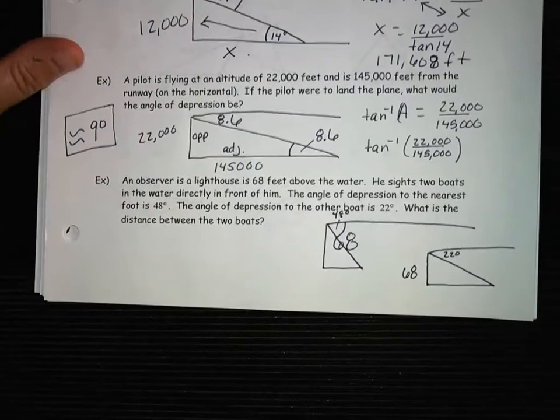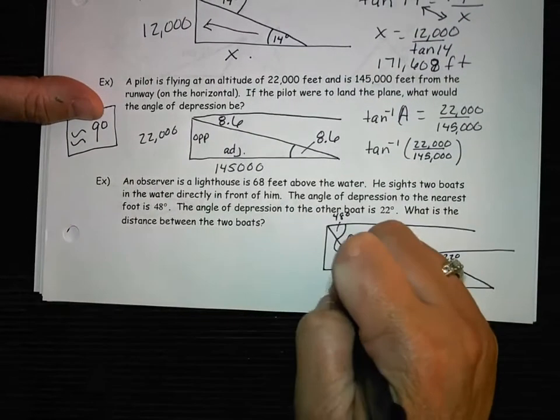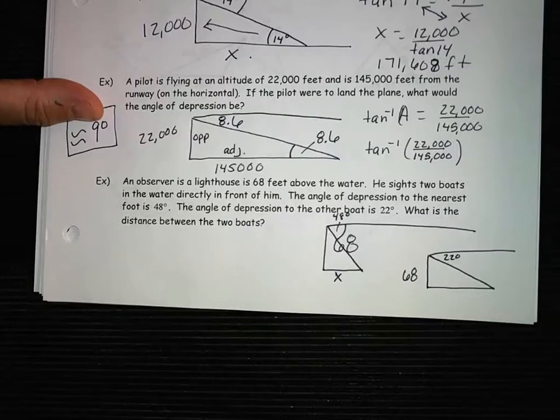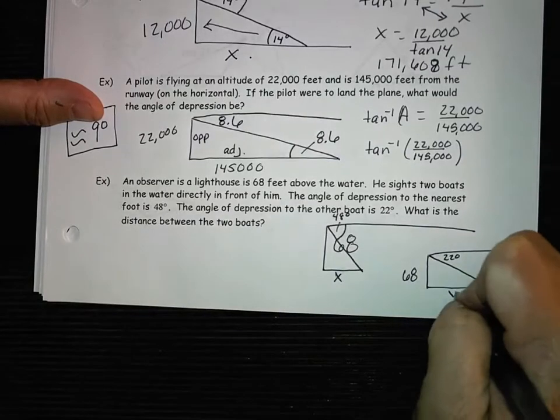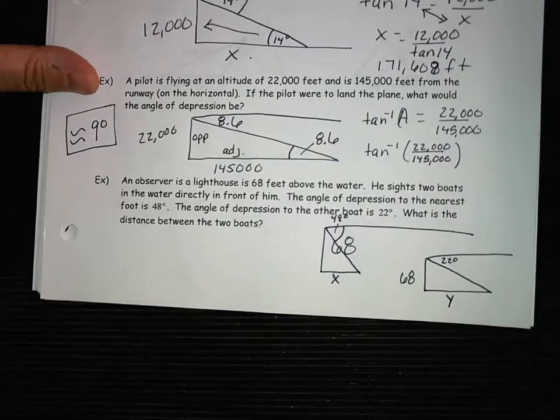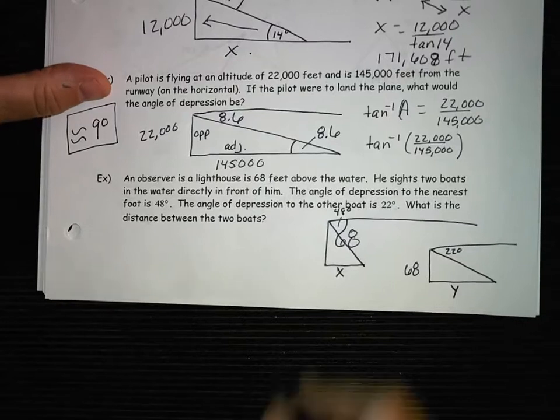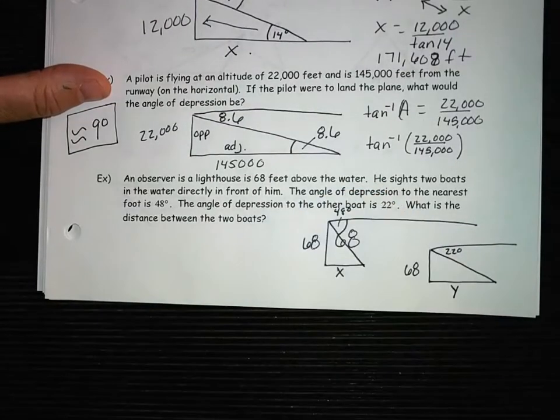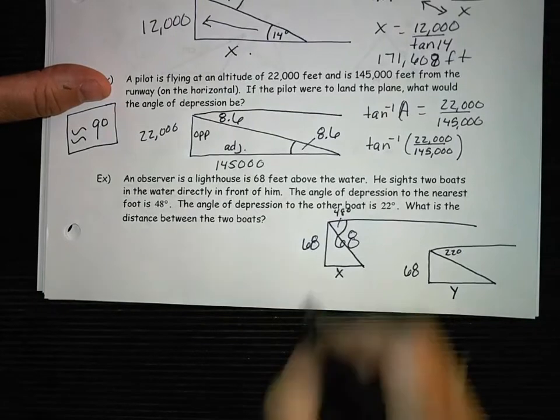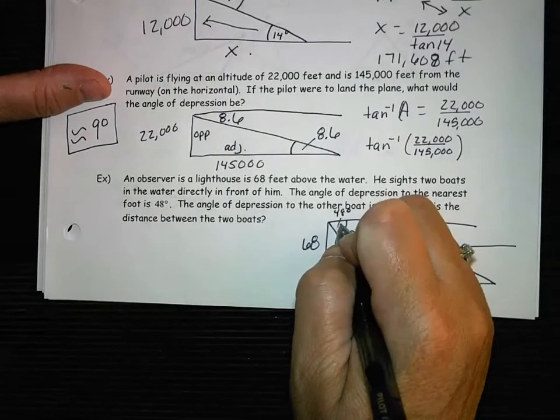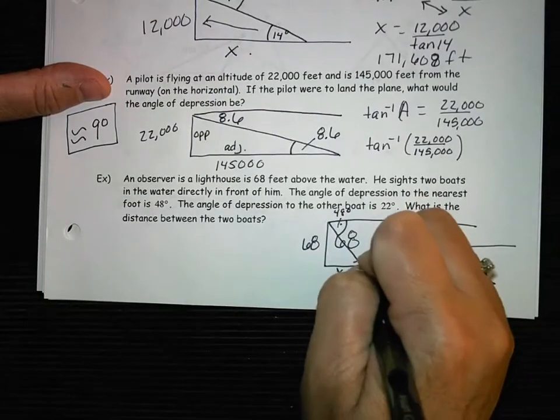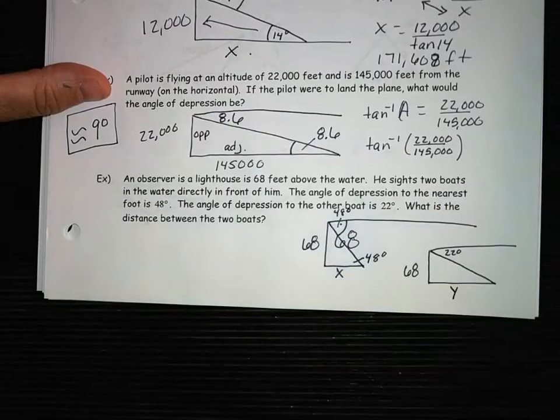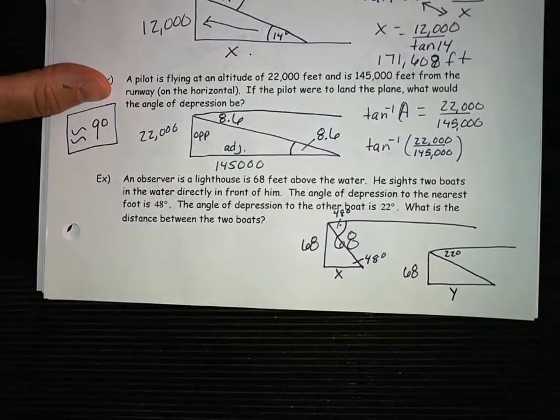What we're going to have to do is figure out the distance from this first boat, the distance from the second boat, and then subtract those. So let me relabel this. Lighthouse is 68 feet tall. If the angle of depression is 48 degrees, then this angle is also 48 degrees.